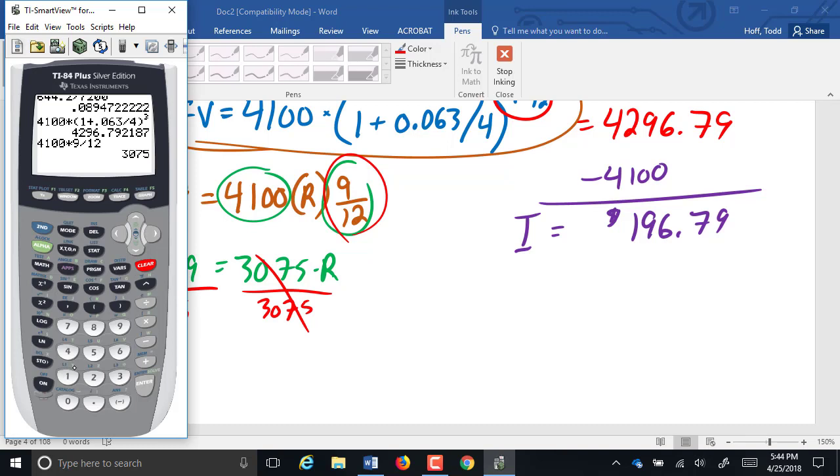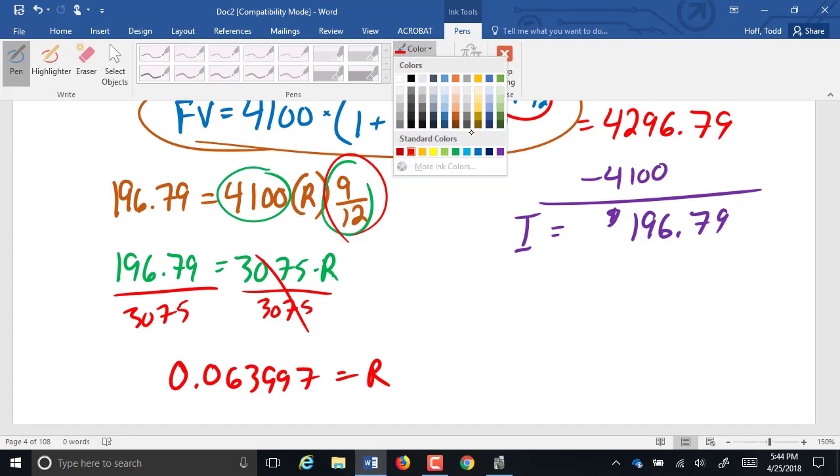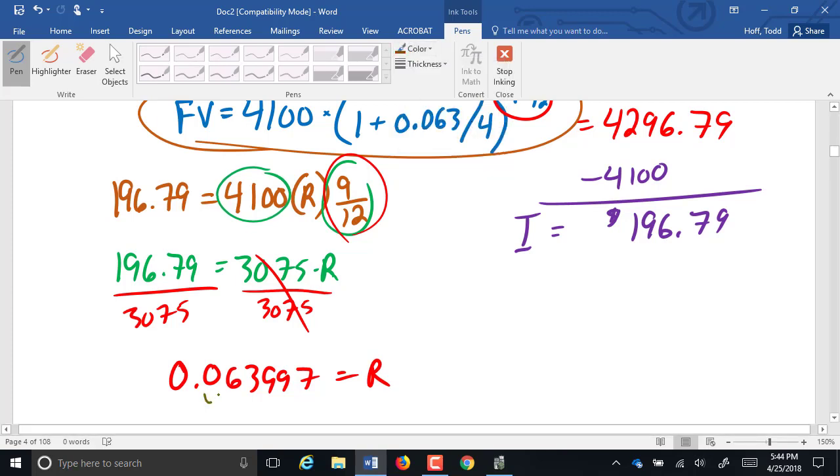So 196.79 divided by 3,075 is 0.063997. We have to move that decimal point over 2 spots to make it a percent. 6.3997%.